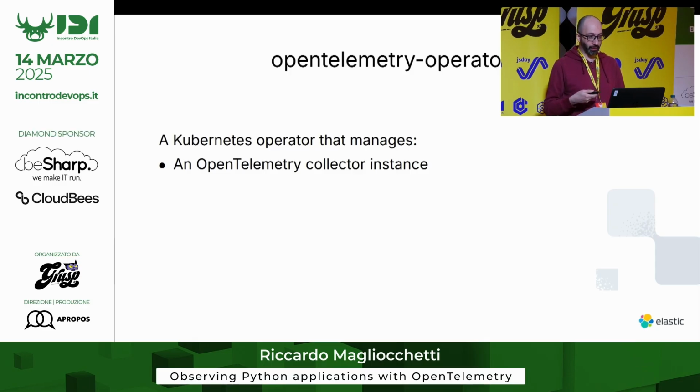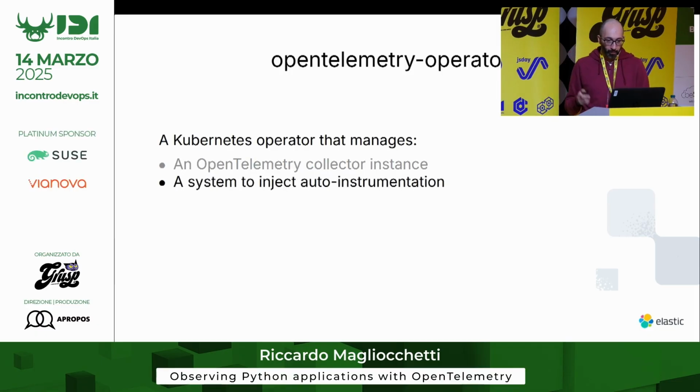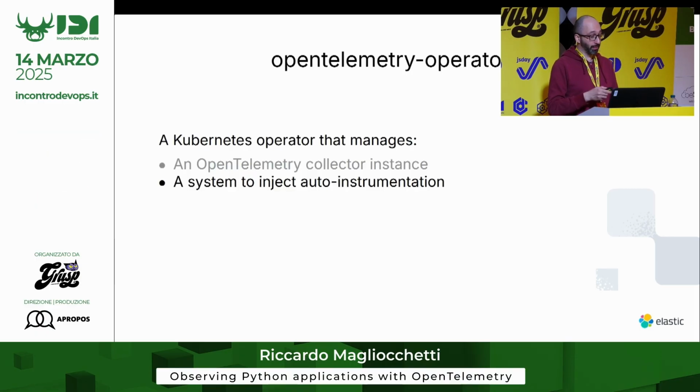Of course, it supports the default OpenTelemetry OTLP protocol, but it also supports Prometheus and Jaeger. The operator also manages a system to inject autoinstrumentation for a bunch of supported languages, Python included.